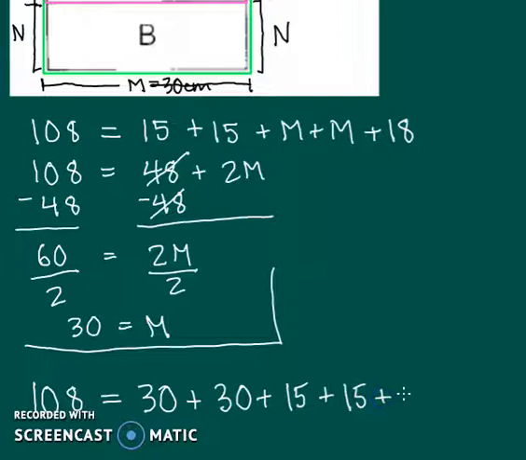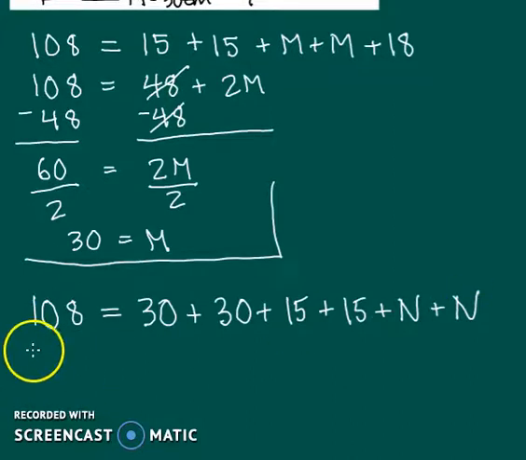And then I had the length n on the right side and the left side. So let us solve for n. Let's add everything together. 30 plus 30 is 60, plus 15 comes to 90. And n plus n is the same thing as 2n.